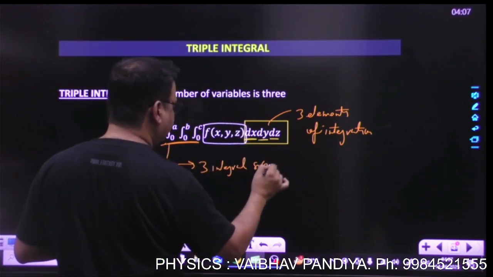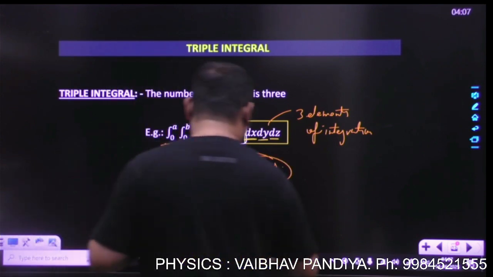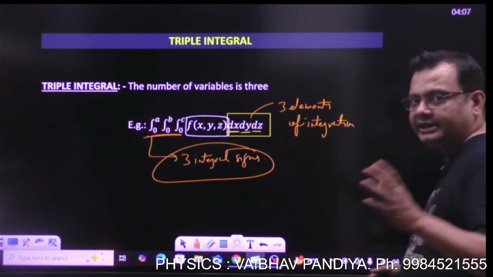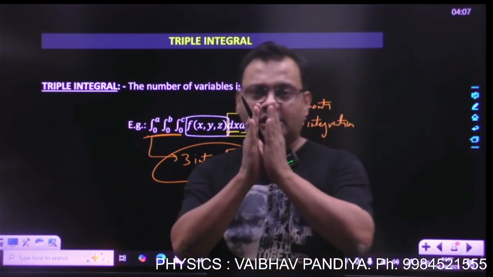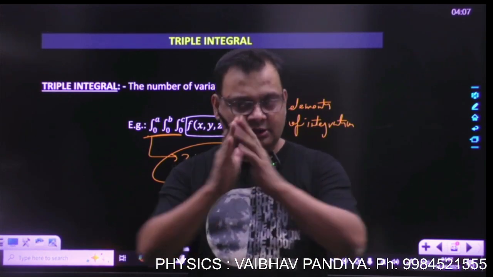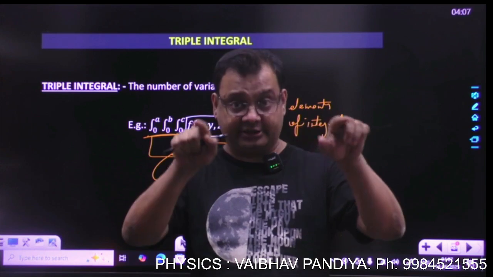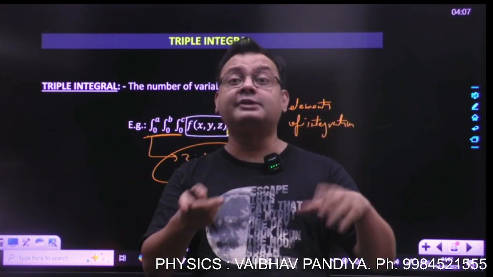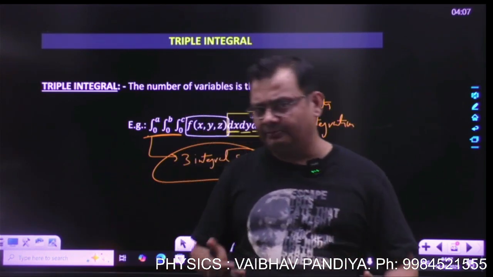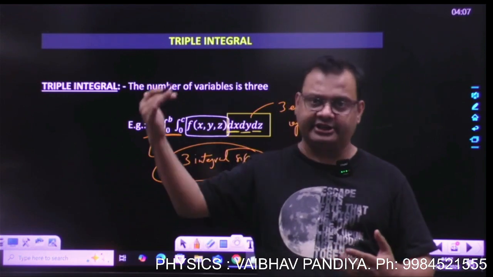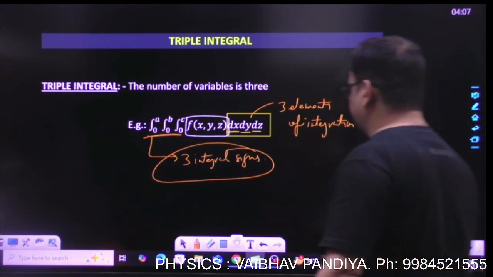As I told you, nothing new is involved in a triple integral. You will start with the innermost integral, solve it partially, then you will come to the middle integral, solve it partially, and finally you will come to the outermost integral. Let's see the illustration.